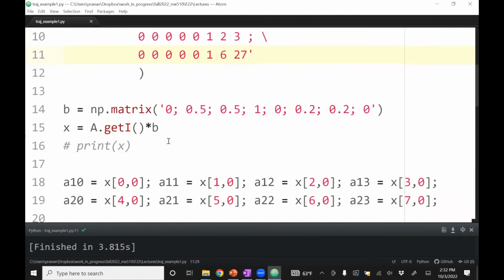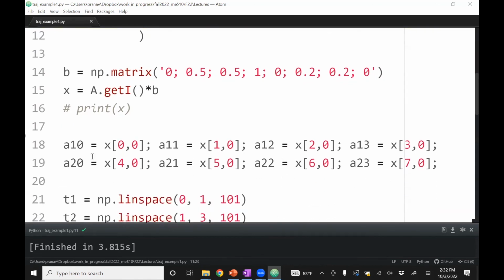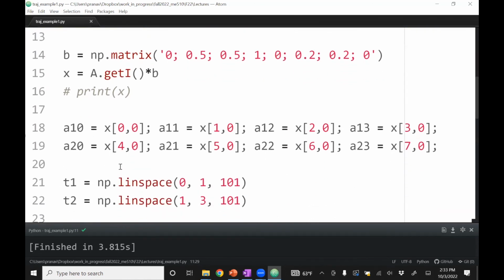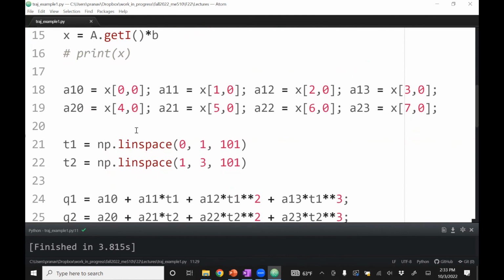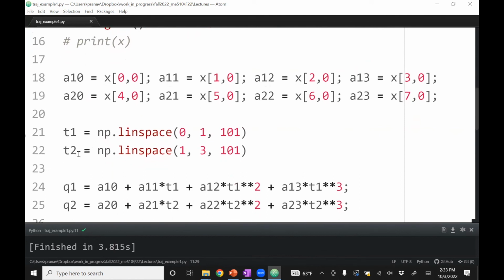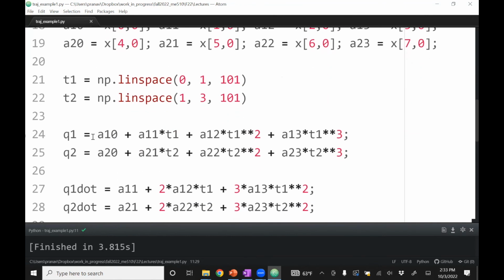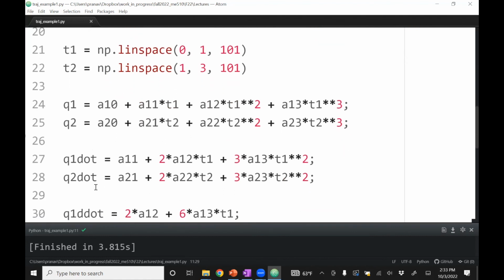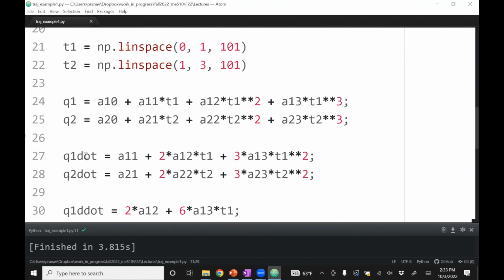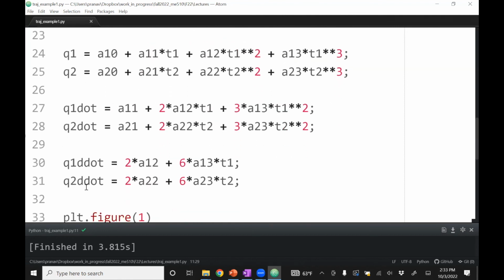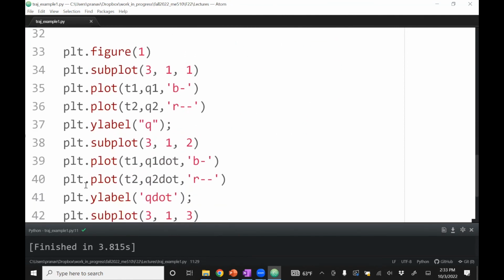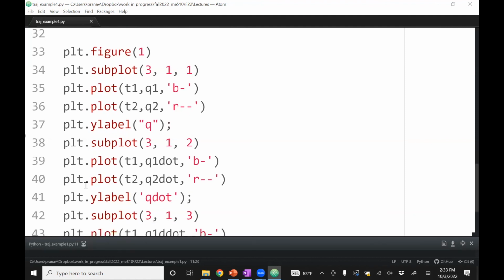That's the B. Then I compute X, and that's my solution to the constants. Now I went a step further. I created a time variable from 0 to 1 and 1 to 3. I got the trajectory θ1, θ2, here it is written as Q1, Q2, the velocity, which is the first derivative, the acceleration. So if we run this again, Shift P.